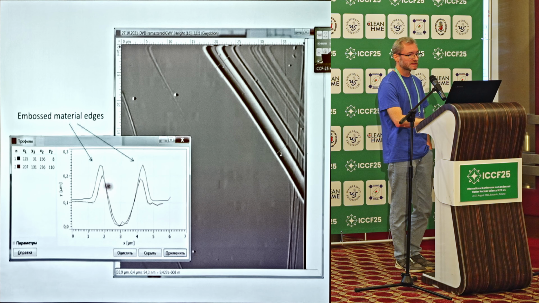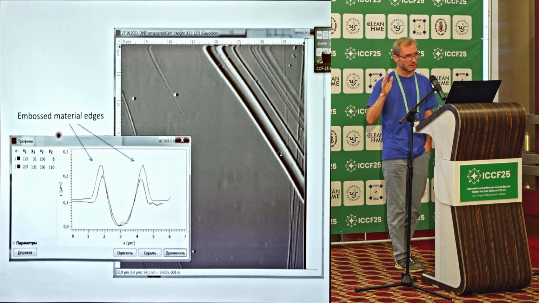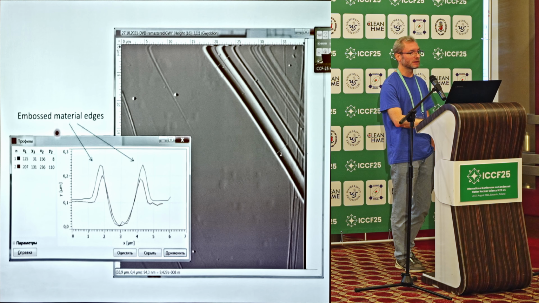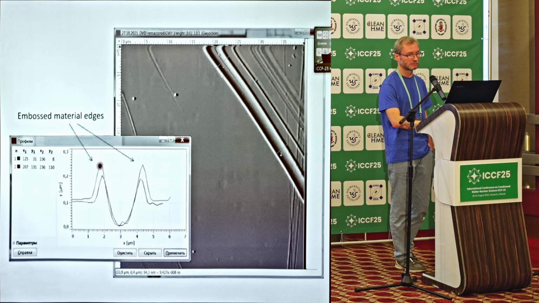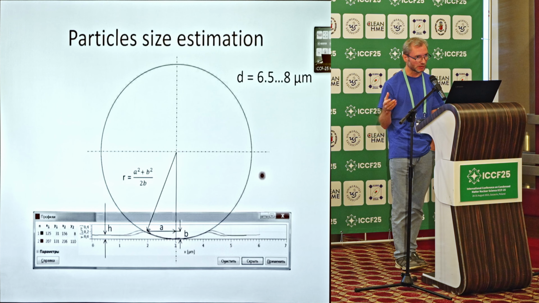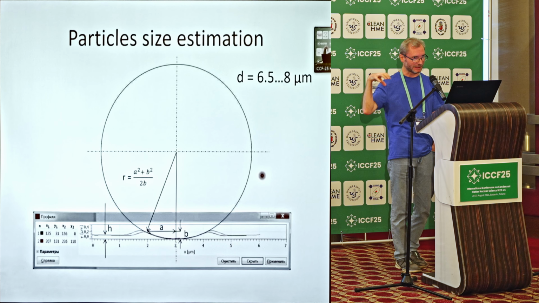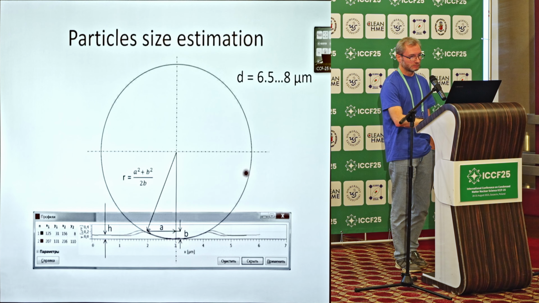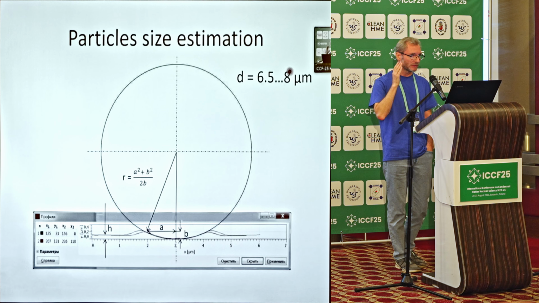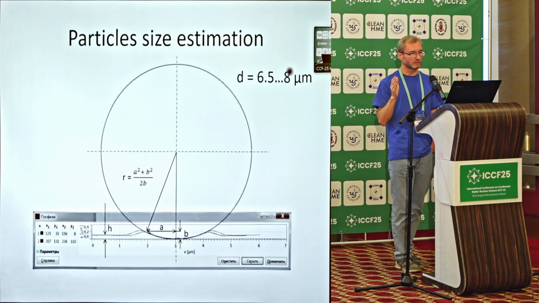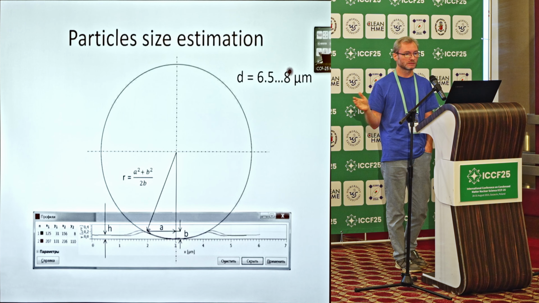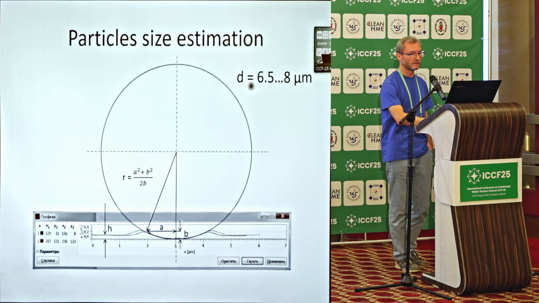Sometimes we can see, not sometimes, every time, we can see embossed material edges here, and here are two profiles. And we can estimate the size of the particle that slides here. About more than 10 microns, from 6 to 8 microns, some particle sliding here.